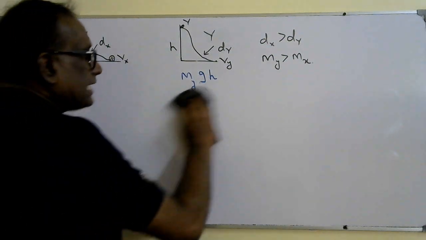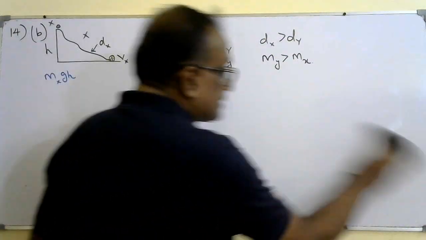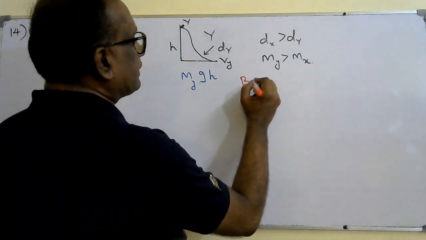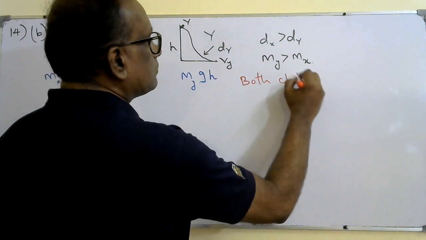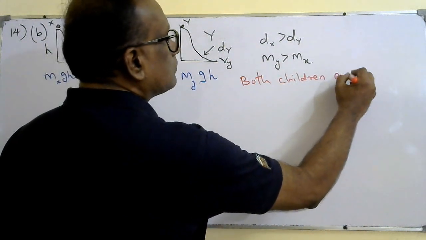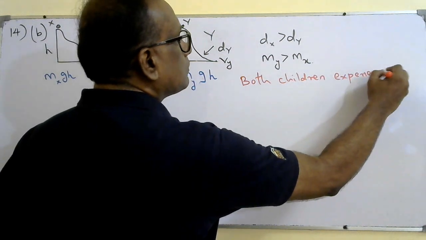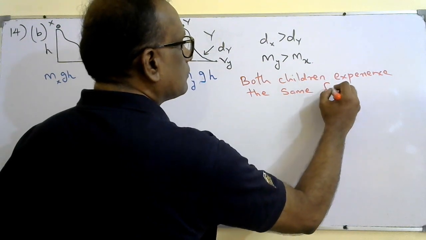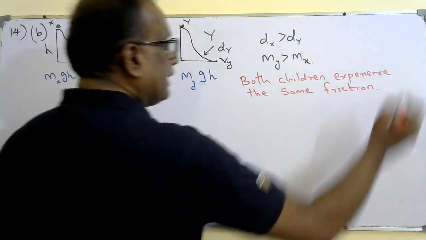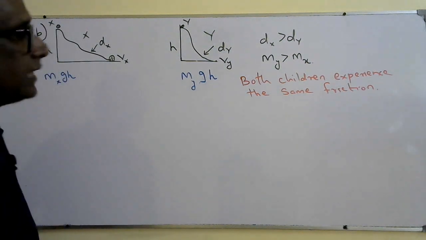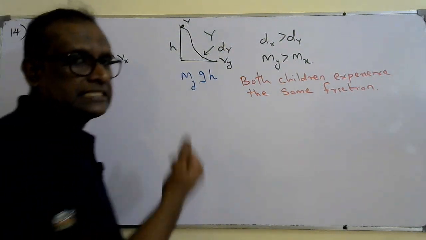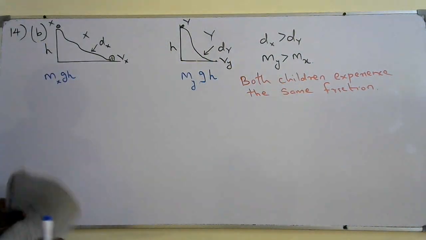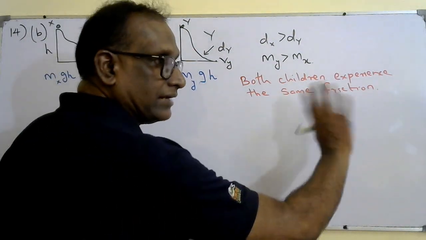But in case they say both children experience the same friction, that also could be there. In case they say which one will be larger or will they have the same maximum speed, Vx, Vy, we'll analyze it. Because of this, the energy equation will have a slight difference.